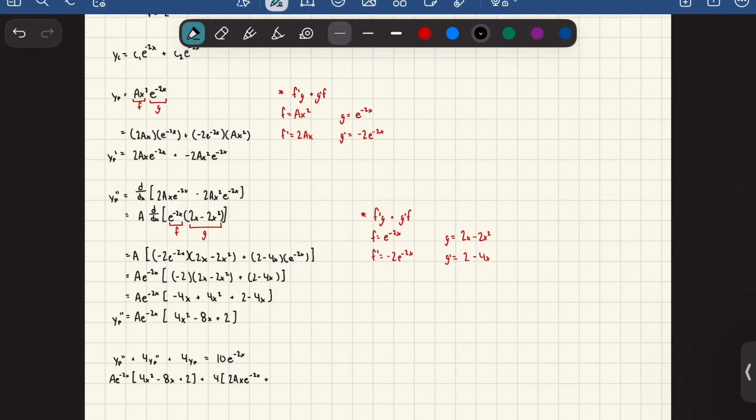Why did this get dark? 2x equals negative 2x plus. No, minus 2x squared.